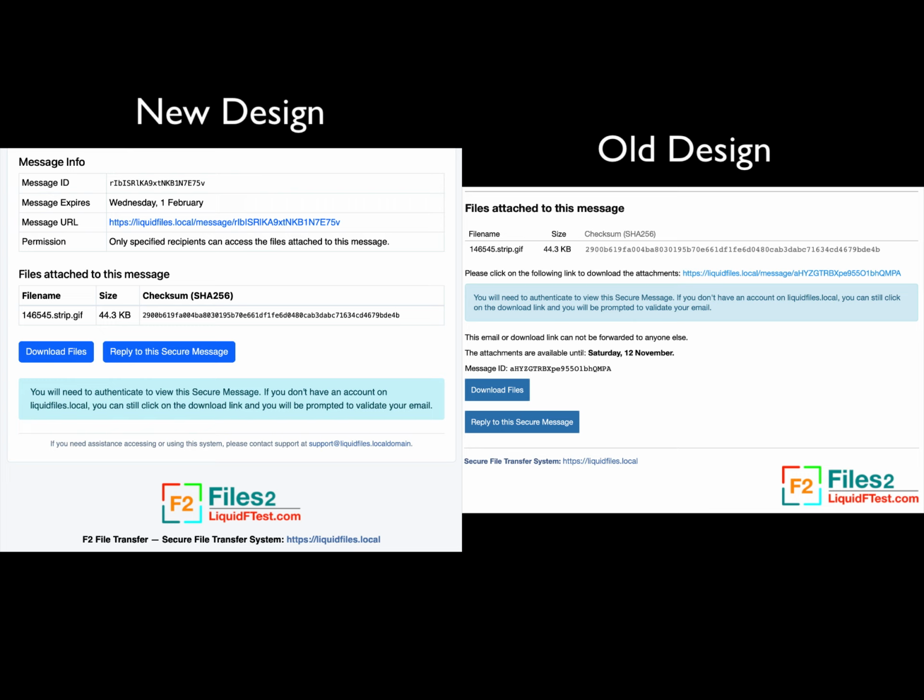So regardless of whether the recipient is using Outlook or Office 365 or Gmail or whatever they're using, there's a much better chance that the email will look as intended on the left-hand side.